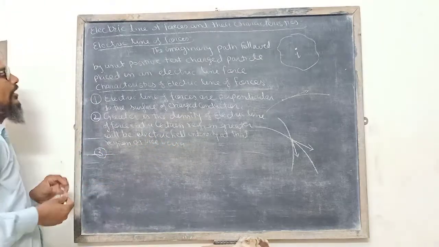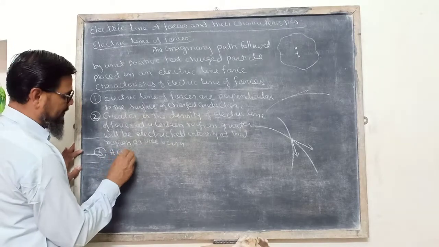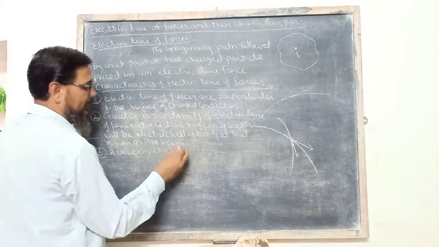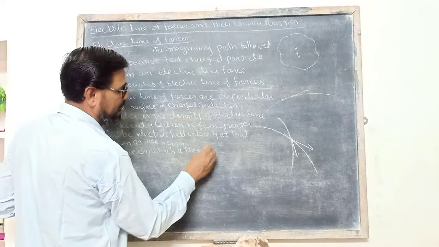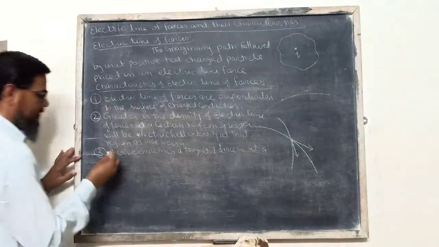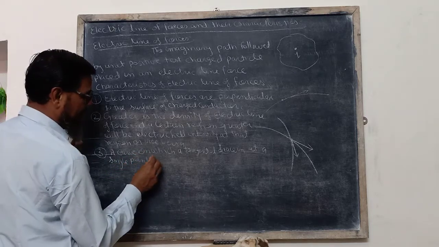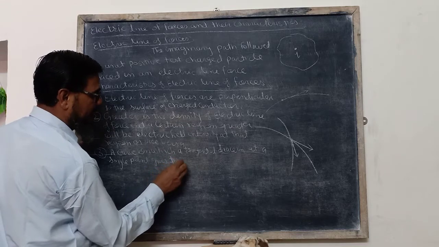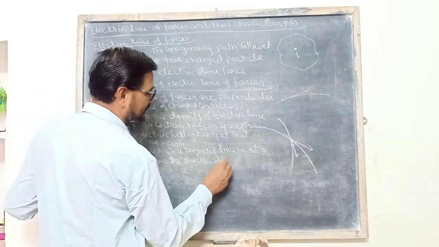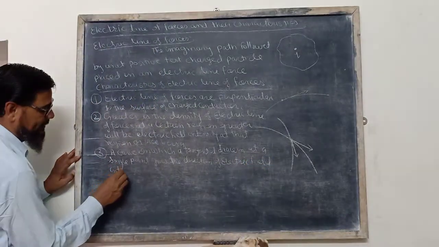The next characteristic of electric line of forces is a curve on which a tangent drawn at a single point gives the direction of electric field intensity.